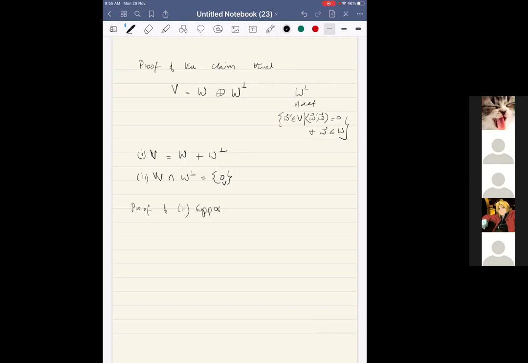Suppose w is in the intersection of W and W perp. We have the inner product of w with w is 0, because w is in W and w is also in W perp. So the inner product is 0 by the definition of W perp.